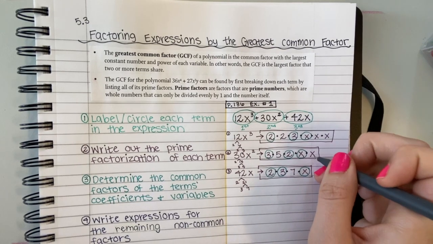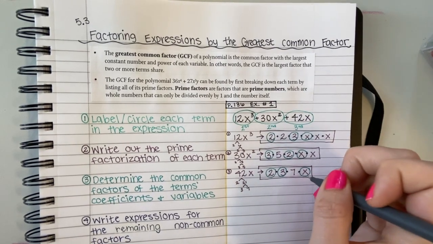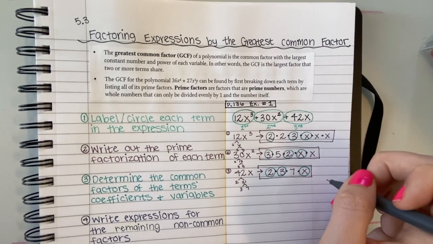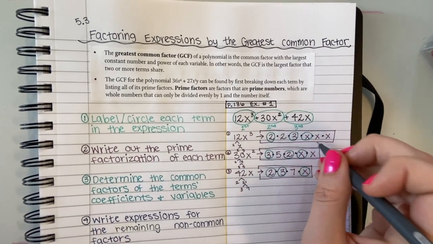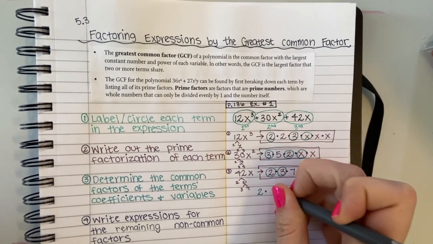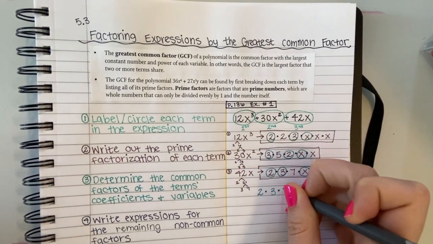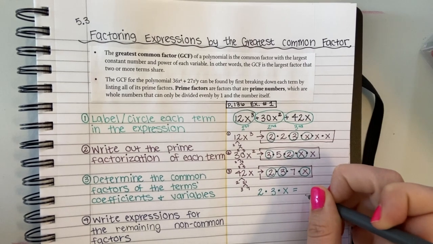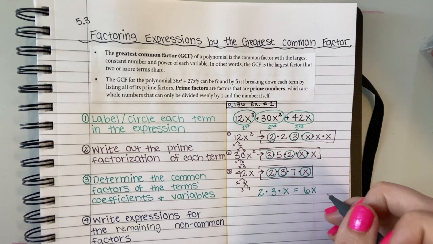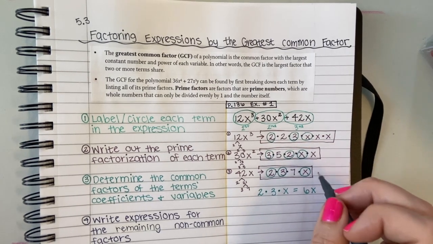But even though these 2 have another x, the third one doesn't. So we're done. That's all of our common factors. If I write them out, it's 2 times 3 times x, which ends up being 6x. That is my greatest common factor of those three terms.